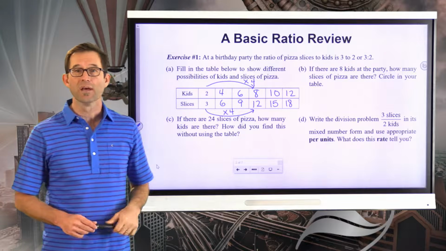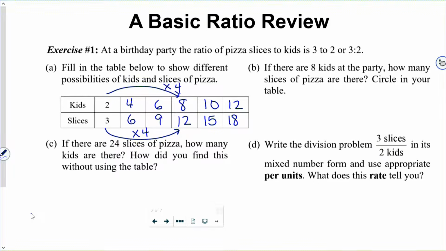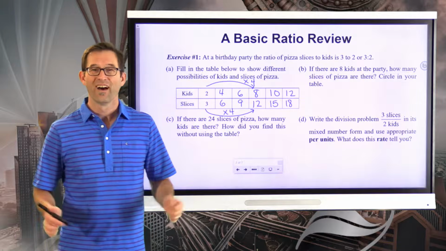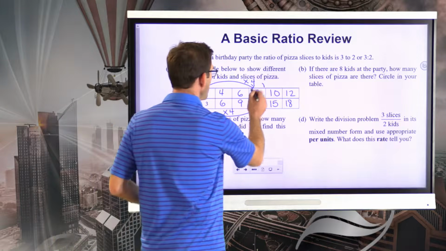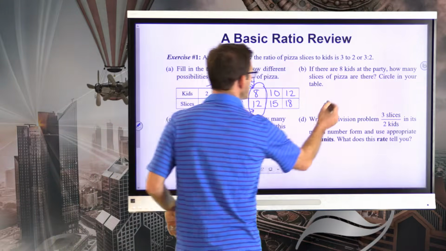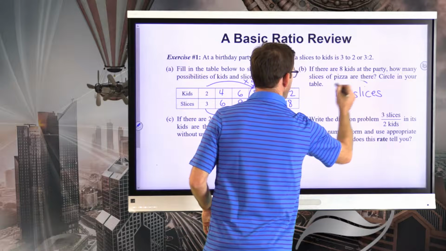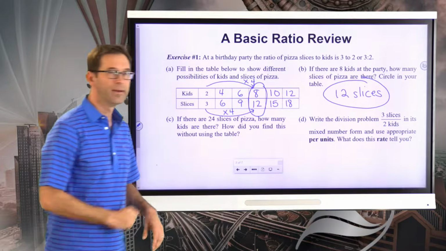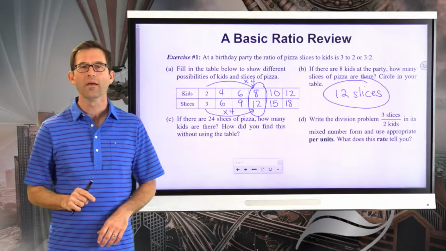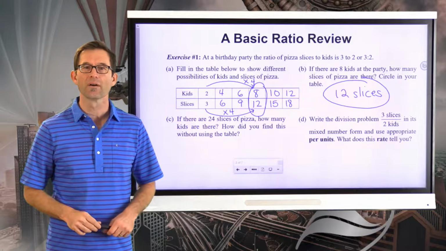Now, letter B says, if there are 8 kids at the party, how many slices of pizza are there? Circle in your table. Well, I think I pretty much pointed it out right here, right? If there are 8 kids, there are 12 slices. All right, but letter C, that's a little more challenging. Let's take a look.